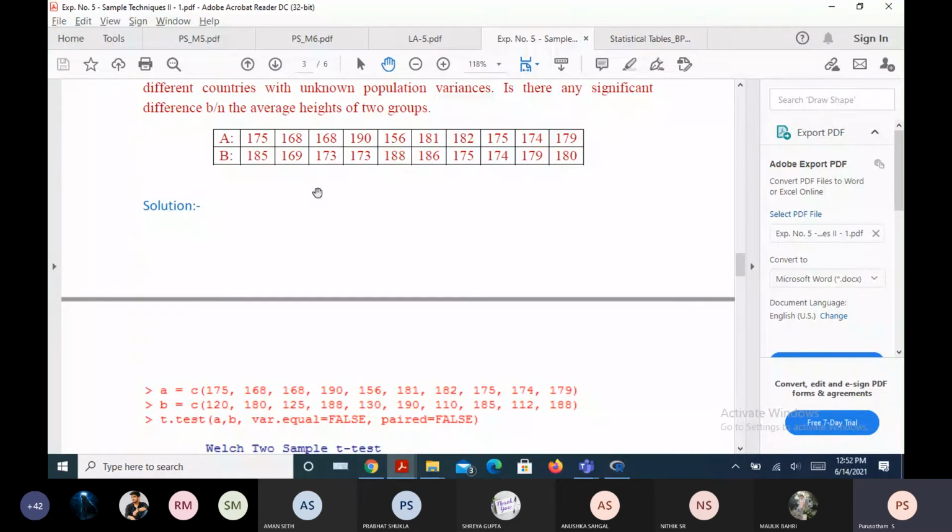Are these independent observations or paired observations? Paired observations are in the sense of before and after. Like, before following a strict diet, what is your weight, and after following some nutrition diet, what is your weight?